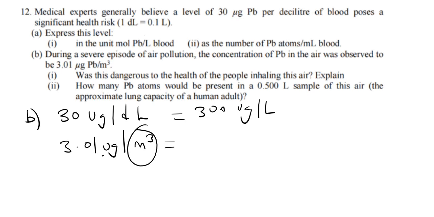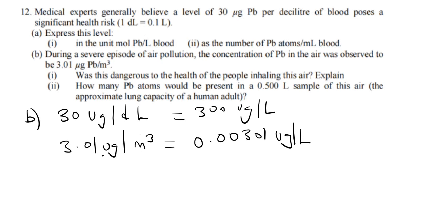You know that a cubic meter is 10 times 10 times 10, that is 1,000 liters, so I divide this number by 1,000. I'm going to have 0.00301 micrograms per liter.